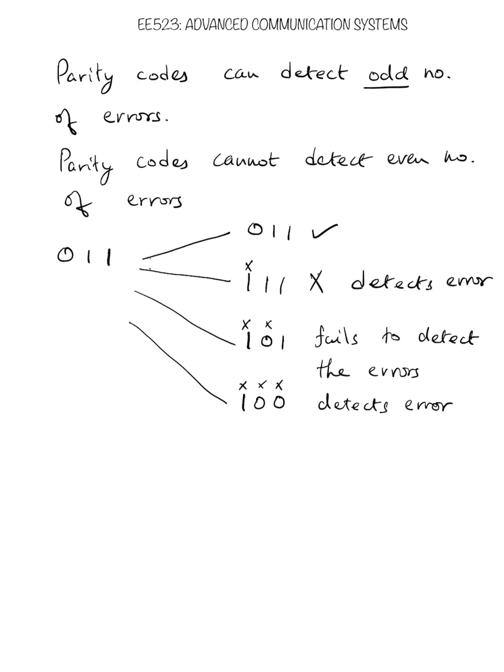Now what we're going to do is extend the idea to developing a code which can detect as well as correct errors, and that code is called a Hamming code. So we're going to talk about the Hamming code.